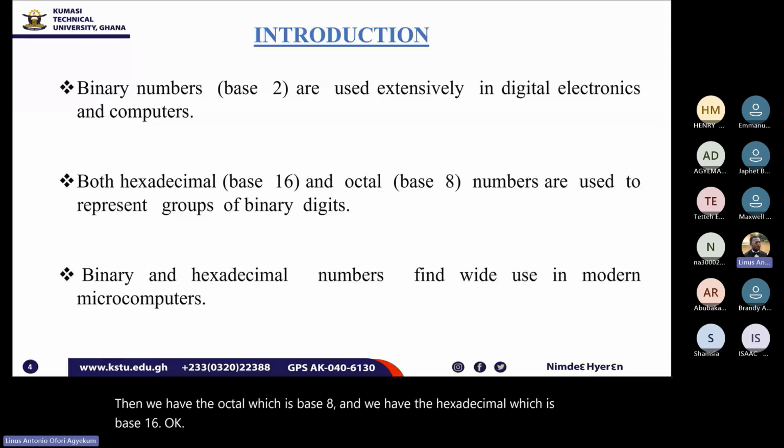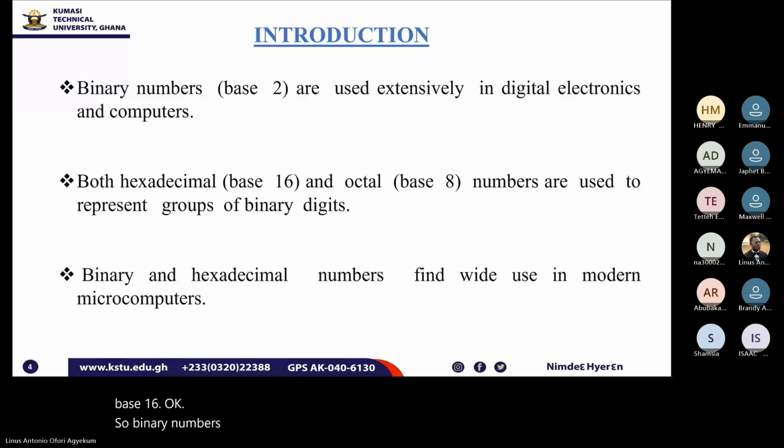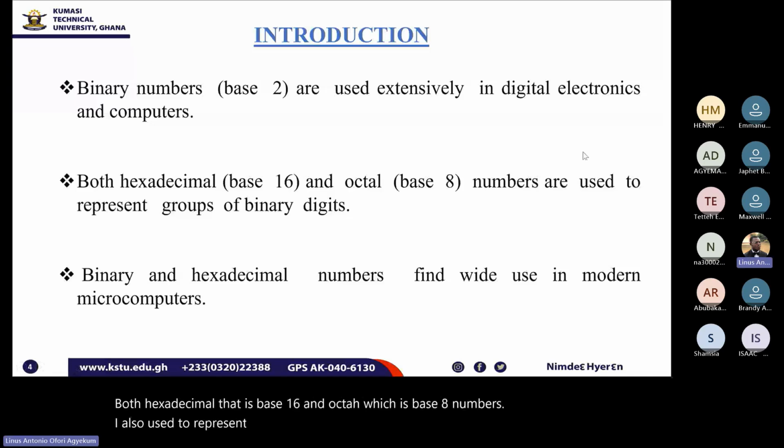So binary numbers are used extensively in digital electronics and computers. Both hexadecimal, that is base 16, and octal, which is base 8 numbers, are also used to represent groups of what? Binary digits. Okay. Then binary and hexadecimal numbers find wide use in microcomputers.